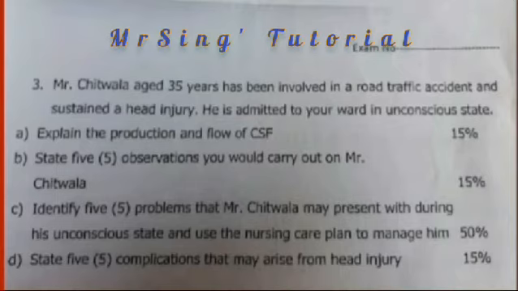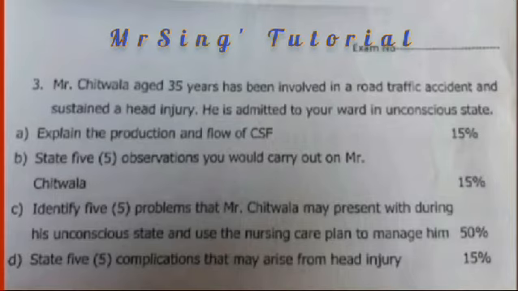For cerebrospinal fluid to be produced, there are three processes involved, which are pinocytosis, diffusion, and also active transport. So these processes are the ones that facilitate the production of cerebrospinal fluid.